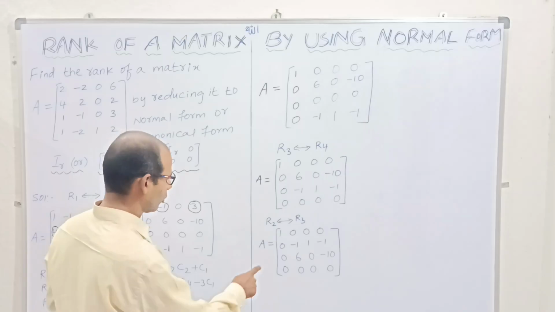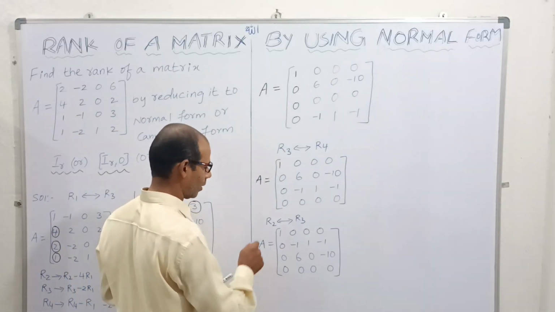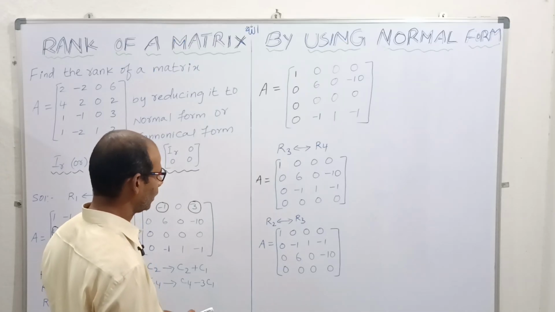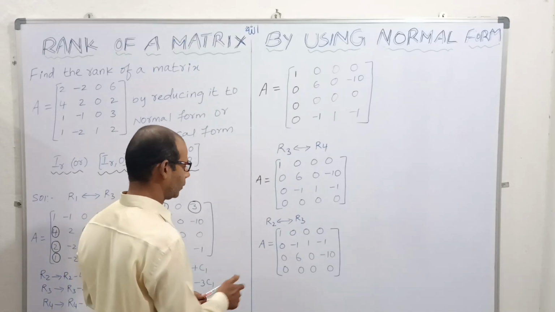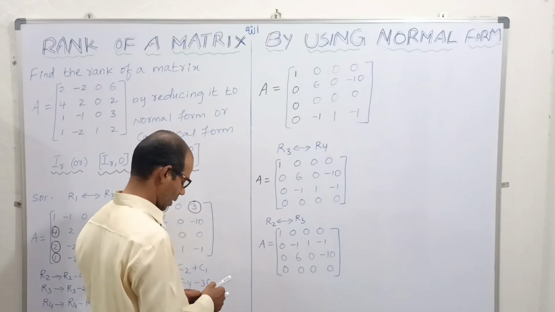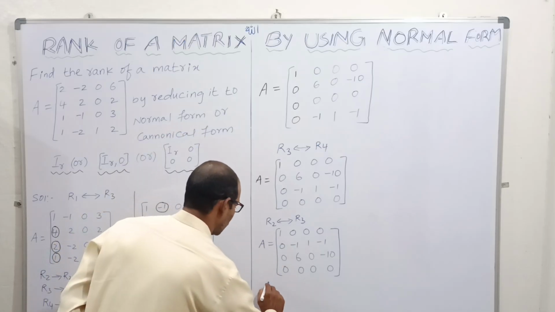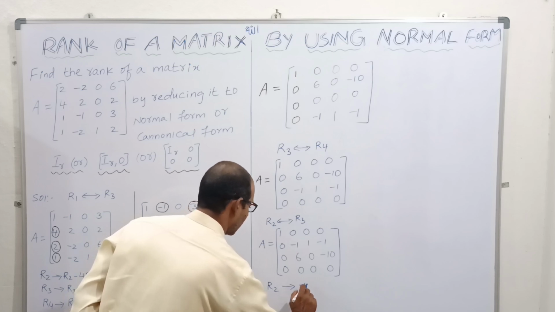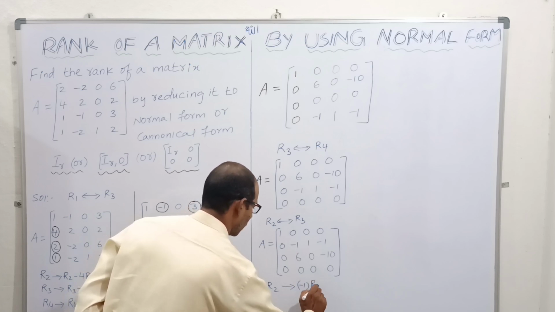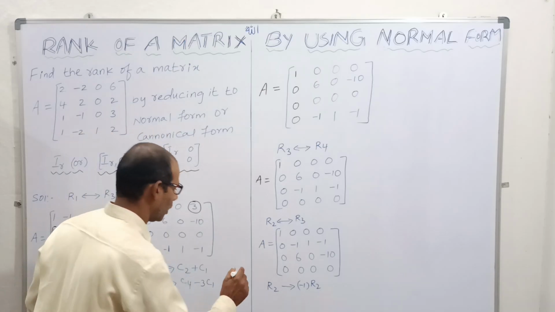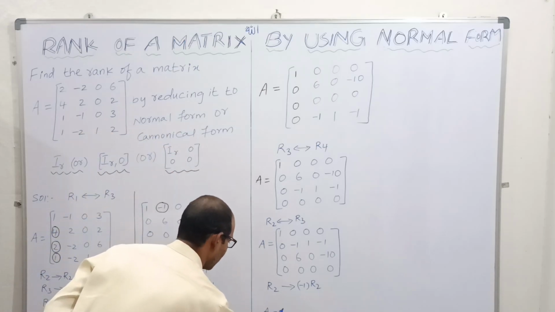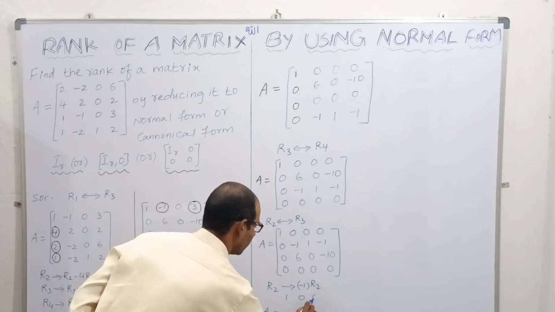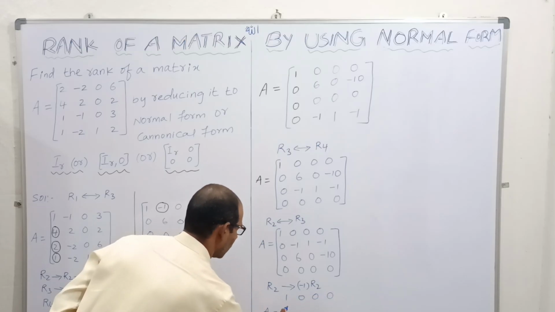Okay, so now we have to make this element as 1. So therefore we will multiply row 2 with minus 1. So we will multiply row 2 with minus 1. So R2 is changed as minus 1 into R2. So therefore, capital A is changed as 1, 0, 0, 0.